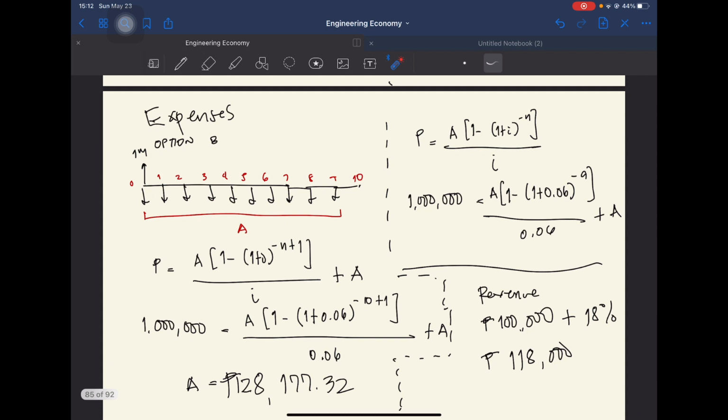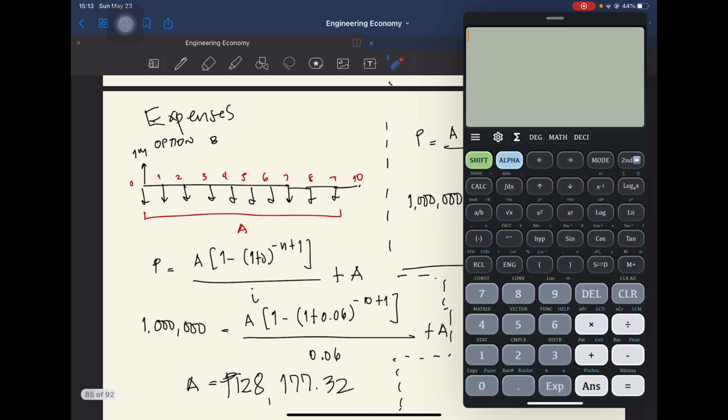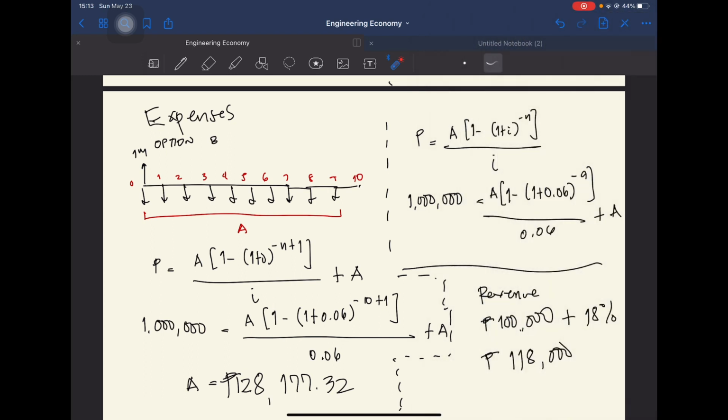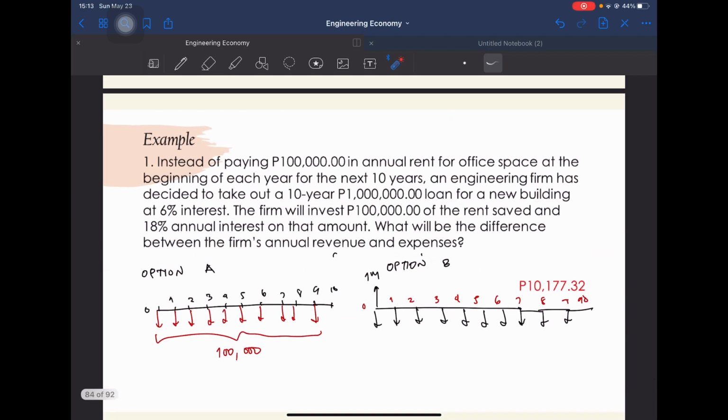By how much? 118,000 na revenue minus expenses, 128,177.32. They will have 10,177.32 less. Ibig sabihin, their expenses is greater than their revenue. Okay? Ibig sabihin, negative dapat to. Okay? Yan yung problem na yan.